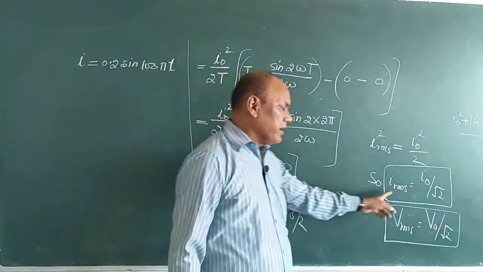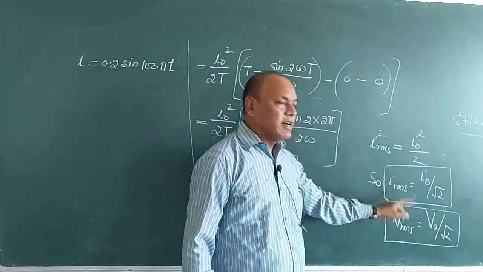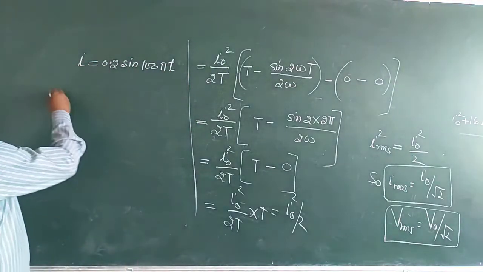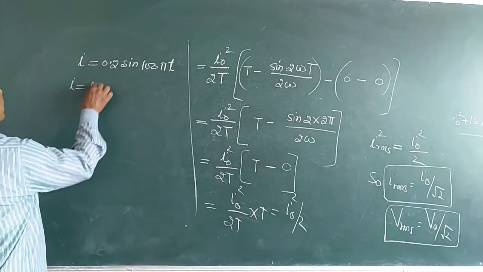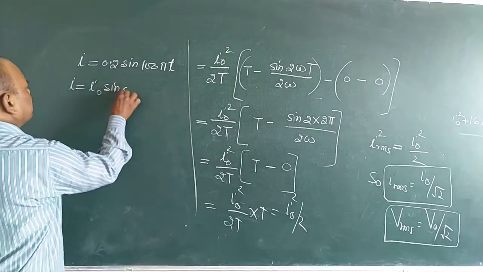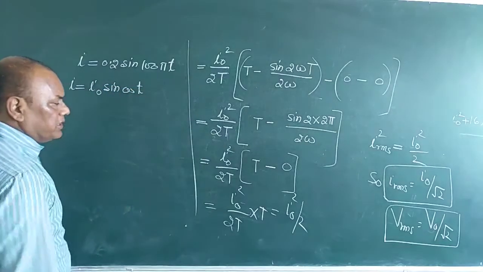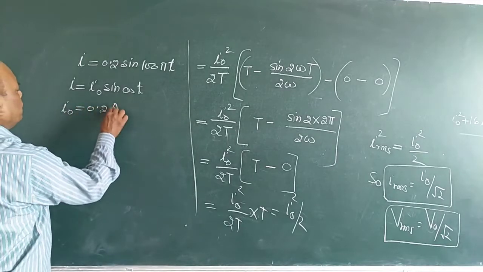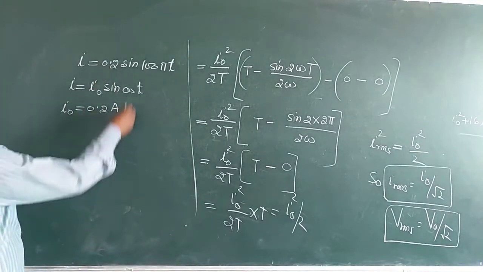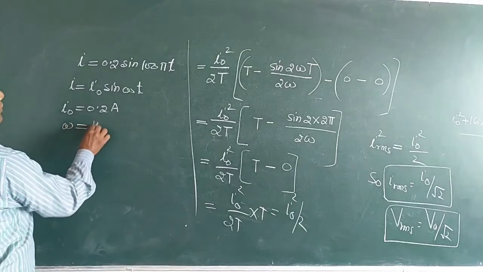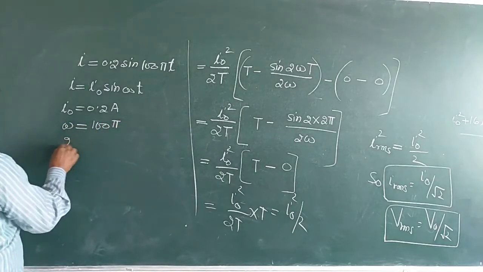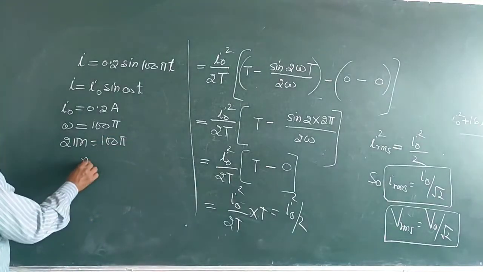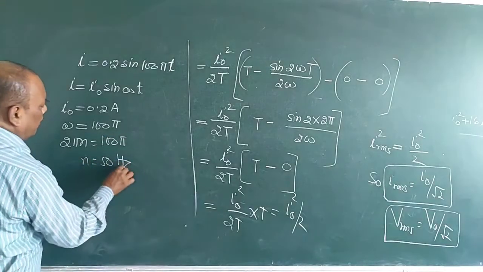IRMS means virtual current, or you can say this is the current which is flowing in the circuit. So here comparing I equal to I0 sin omega t, I0 is equal to 0.2 ampere, and omega is equal to 100 pi, so 2 pi n is equal to 100 pi, so n is equal to 50 hertz.